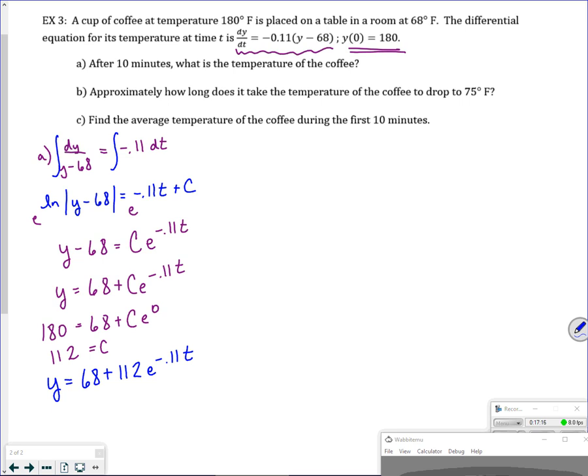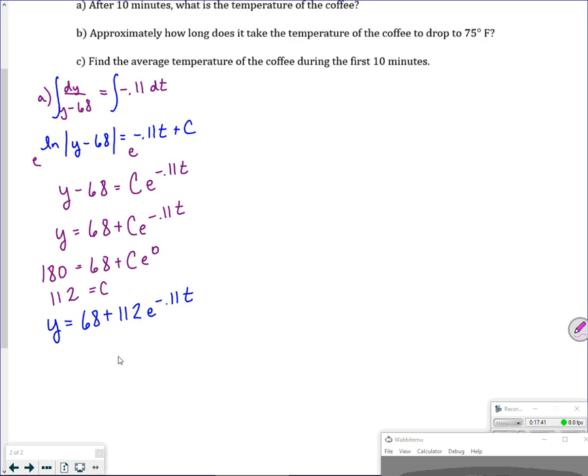And you have on your paper that t is in minutes, so you would kind of have to know that. So t in minutes. Okay. So basically to get the answer to that, I need to do y of 10. And again, this is a calculator problem. So I'm going to do 68 plus 112 e to the negative 0.11 times 10.